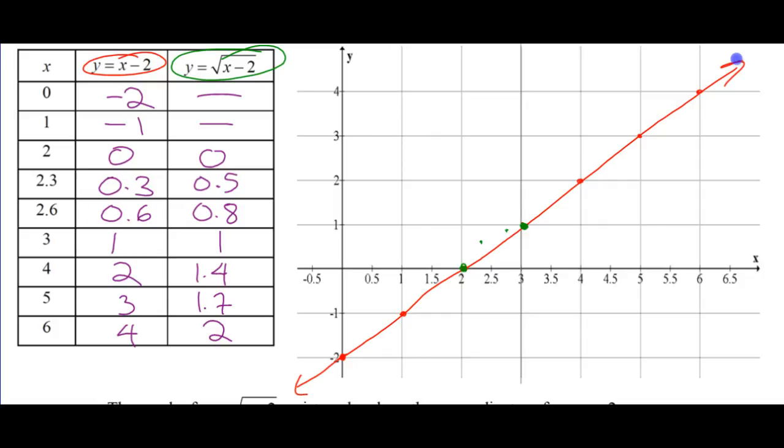If they're the same point, what's the fancy word for the same point? Invariant. At x is 4, we've got a 1.4. X is 5, we've got a 1.7. X is 6, we've got a 2. Okay, so this starts here, it's above, and then it's below.